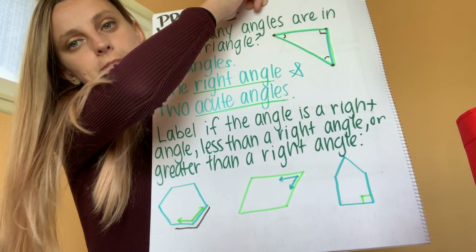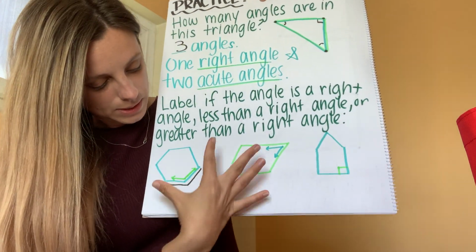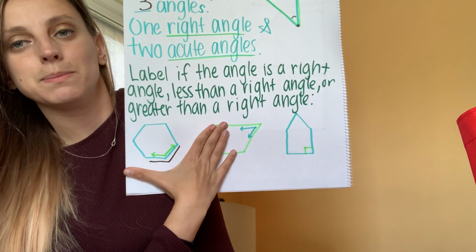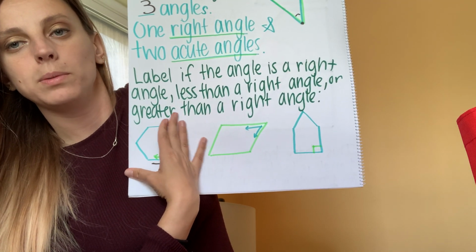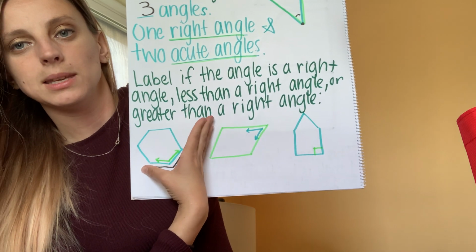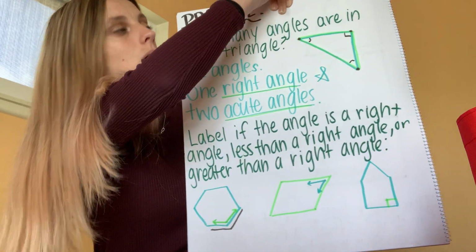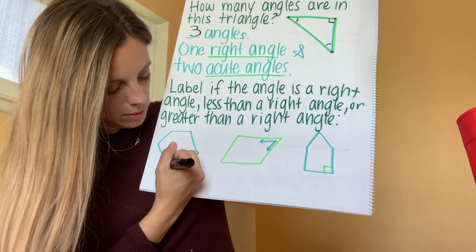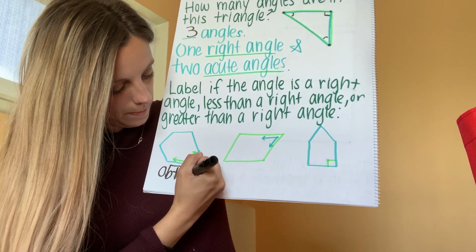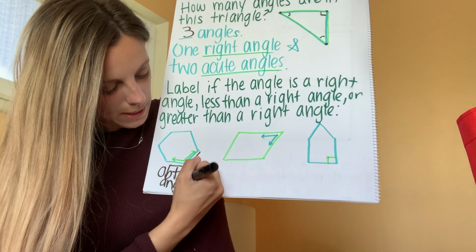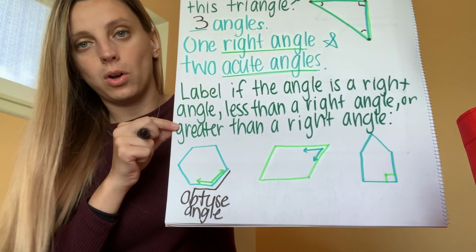And if I use my fingers and I kind of span them out along those lines, I can see that my hand is bigger than an L. An L would be straight. So because I'm extending that, it's going to be greater than a right angle, which is called an obtuse angle. And that just means greater than a right angle.